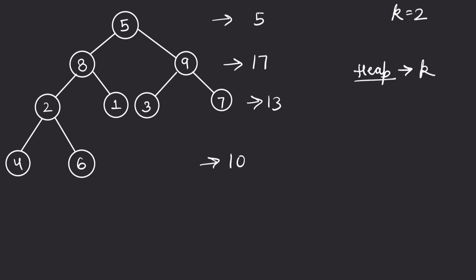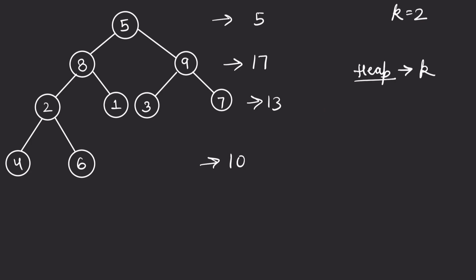Now I want that if the top element itself stores the kth largest sum, then I can directly access it, right? Previously, in the previous solution, the kth largest sum was present somewhere below, due to which I had to pop elements out again and again. I want the kth largest sum to be present at the top, so I can directly access it.